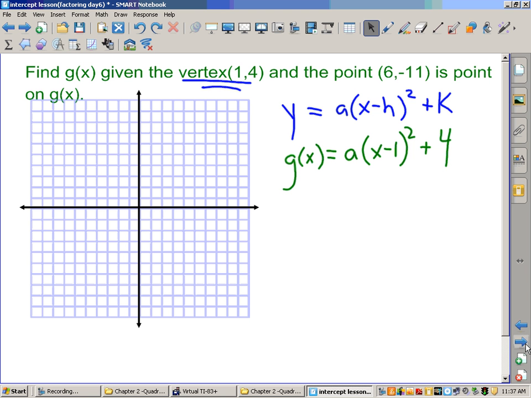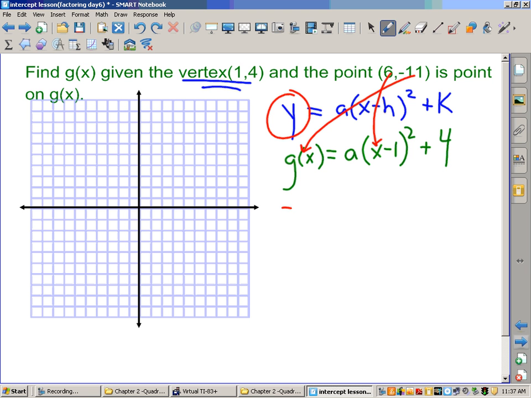Now the reason I was going to put y in there instead of the g of x function here is you're going to plug that 6 into the x, and your -11 goes where your y is. I just want to make sure you realize there's function notation, that g of x is representing the answer.